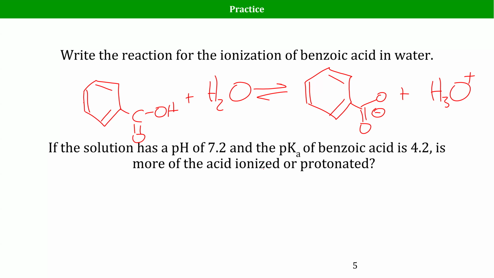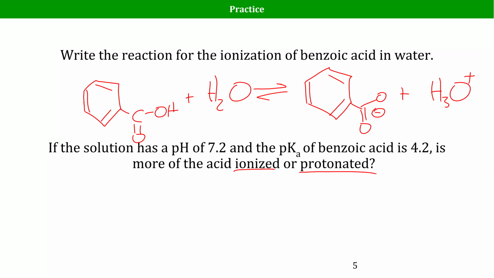Also, just to clarify, ionized and protonated are talking about two different things. I used them as sort of a false dichotomy, because something can be ionized or unionized, and that's talking about the overall charge, right? And something can be protonated or deprotonated, and that's talking about whether it has the H plus attached.